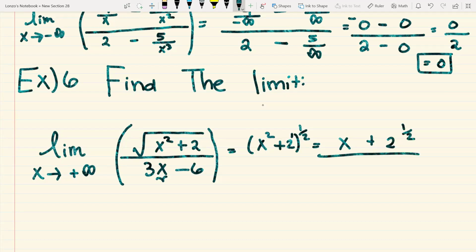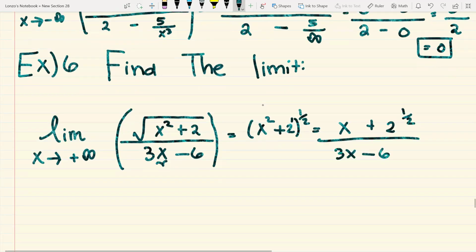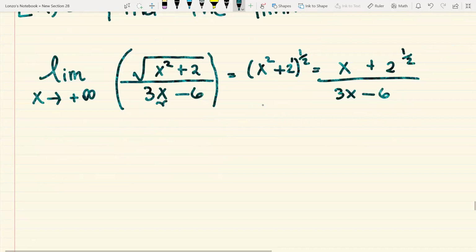And then on the bottom it's 3x minus 6. Okay, so now what you can do is divide each term by the highest term on the bottom. So it's going to be x over x plus 2 to the 1/2. If you want, 2 to the 1/2 is the same thing as the square root of 2. So you're going to divide that by x.